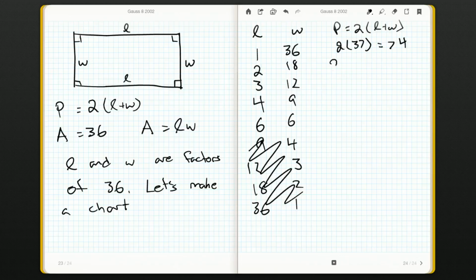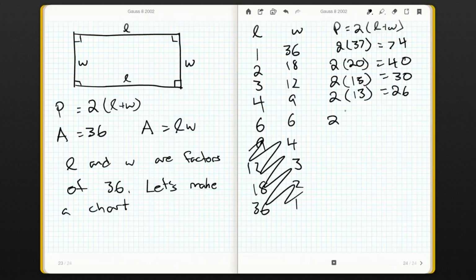And I don't think anything's going to beat it. 2 plus 18 is 20. 2 times that sum, that's 40. That's a giant drop. 3 plus 12, that's 15. That's 30. 4 plus 9, that's 13. So that gives us 26. And 6 plus 6, that's 12. 24.